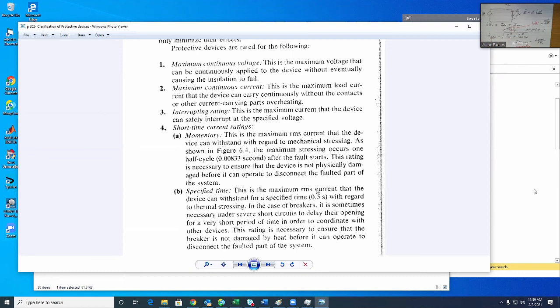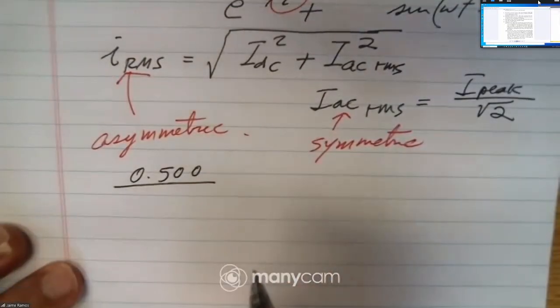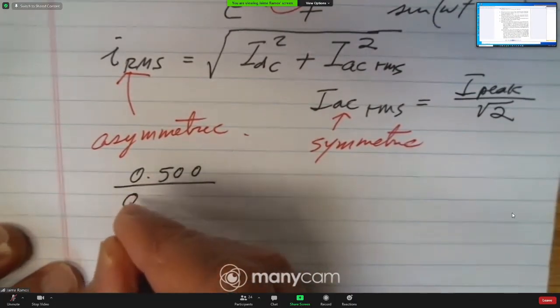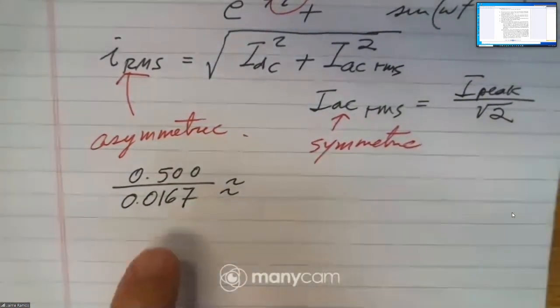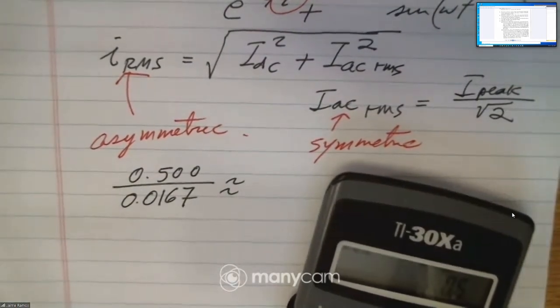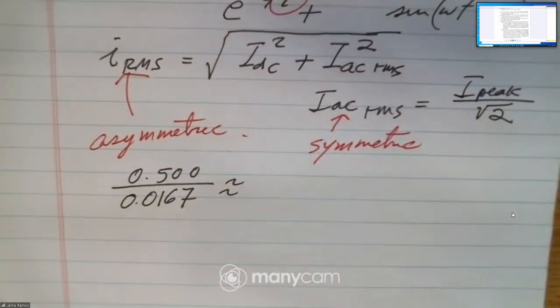So the specified time is the maximum RMS current that the device can withstand for 0.5 seconds, with regard to thermal stressing. 0.5 seconds divided by one cycle, which is 0.0167 seconds, so 0.5 divided by 0.0167 is 30 times.